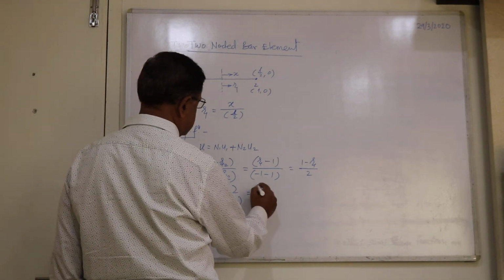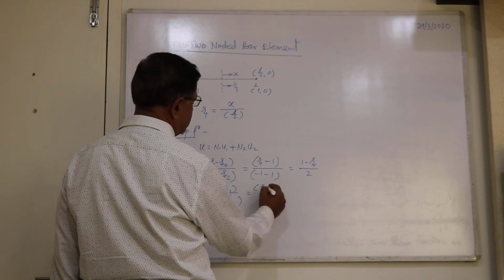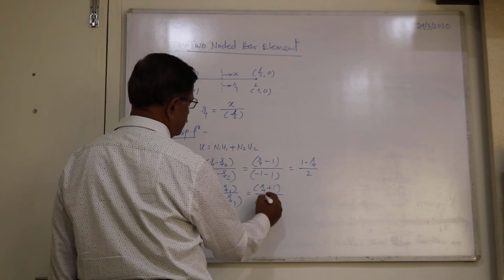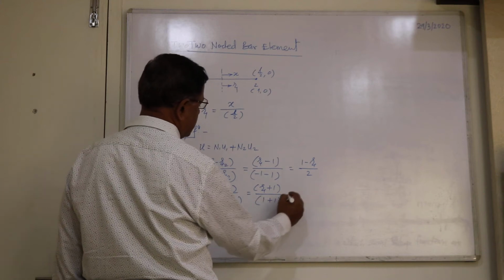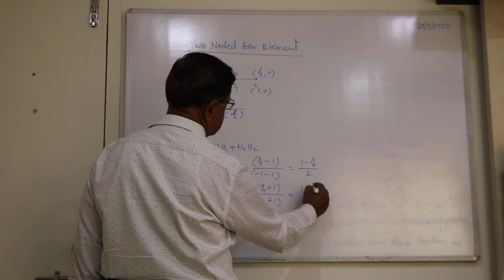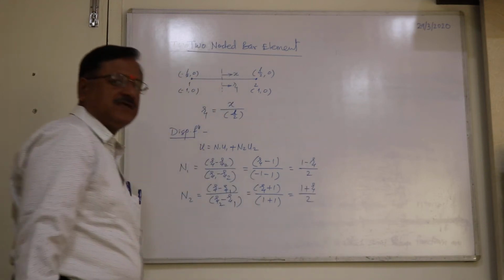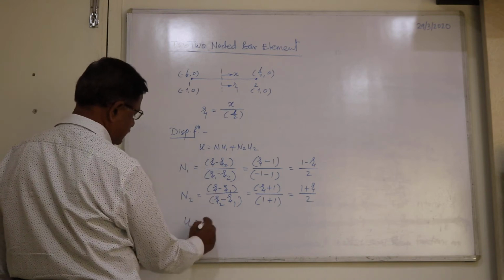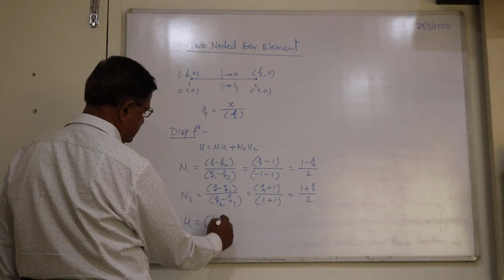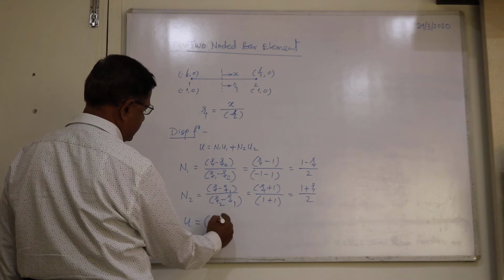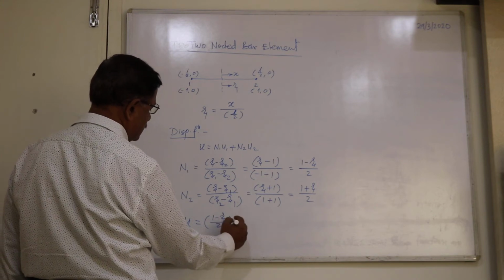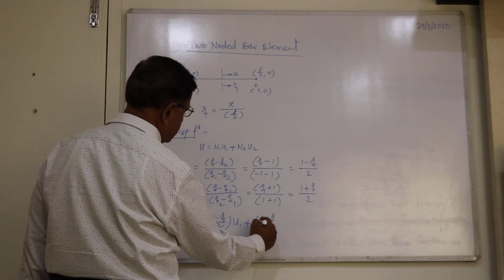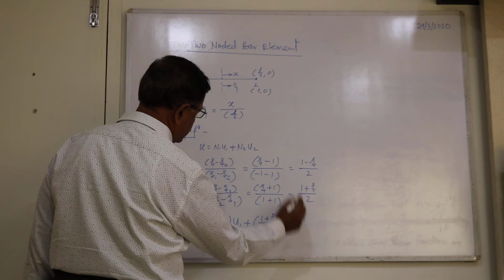So xi minus xi1 is xi plus 1, divided by xi2 minus xi1 which is 1 plus 1, so this gives us 1 plus xi by 2. So the displacement at any point within the element is 1 minus xi upon 2 u1 plus 1 plus xi upon 2 u2.